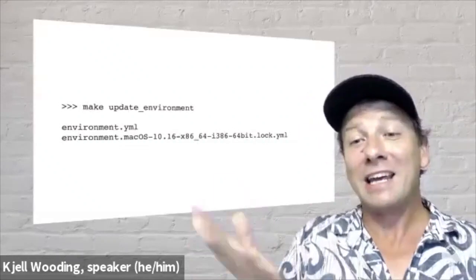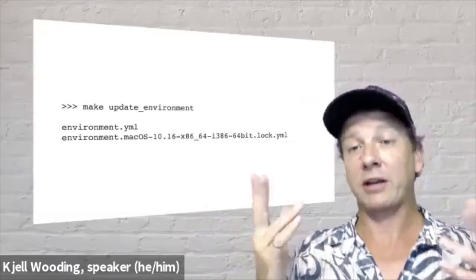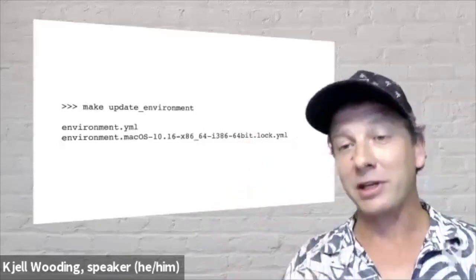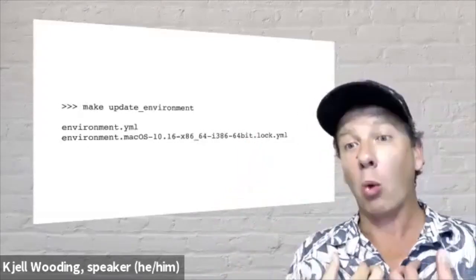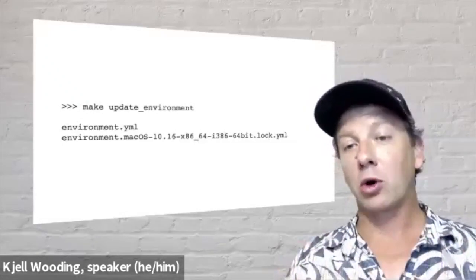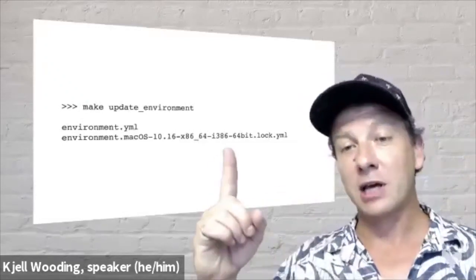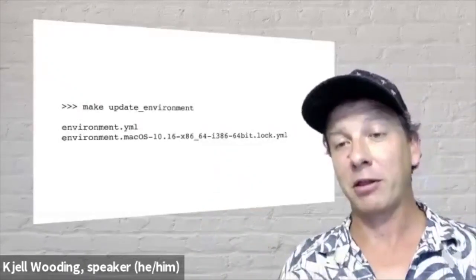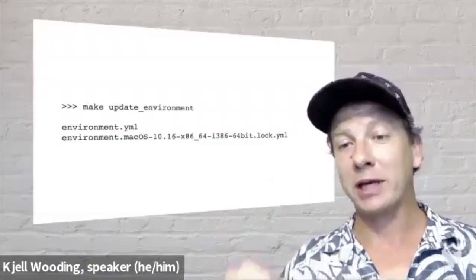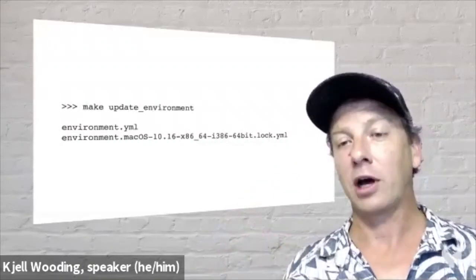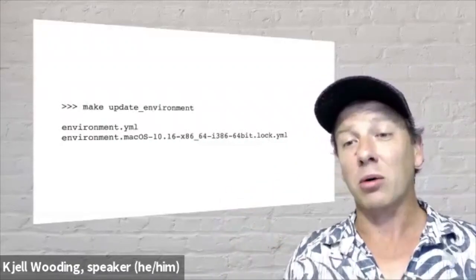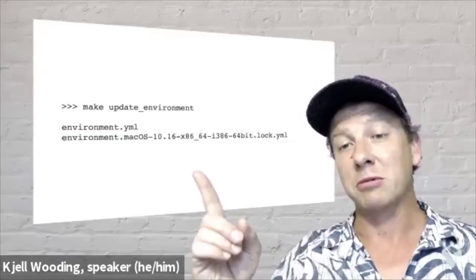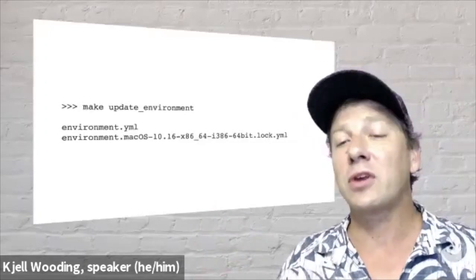And I'm going to hide it into the workflow I've already got, into the make create environment or make update environment, so that if I actually make any changes to that environment YAML file, which is the file describing what I want installed, it will go ahead, compute all the necessary dependencies, save those out in a what I actually need file, which is this horribly long named thing, and make sure that it is there for me, check-inable into Git, so that I can do this. All right, so I have in effect hacked lock files into Conda without ever touching Conda itself, simply by using this Makefile trick.